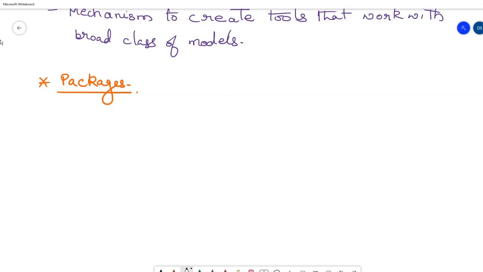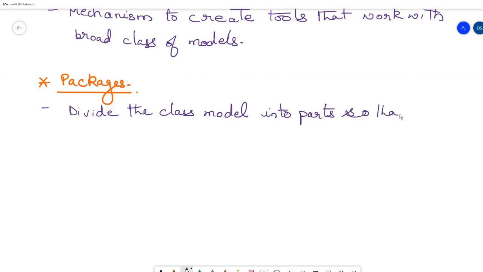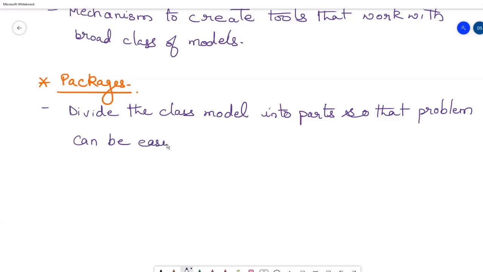So we can say that if any problem has occurred, we divide the class model into parts so that the problem can be easily solved.